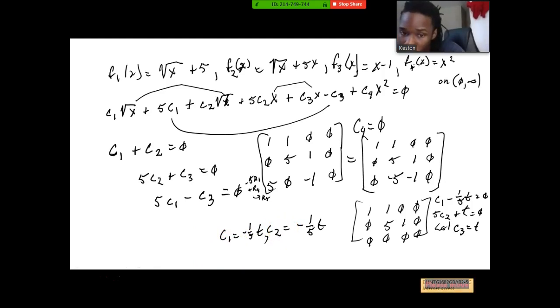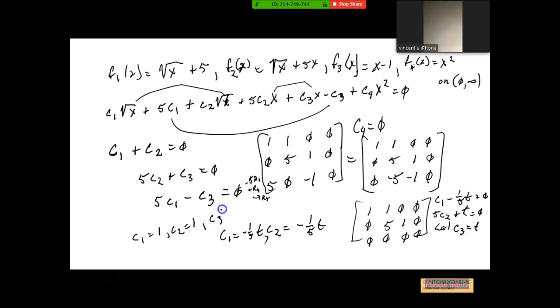Okay, because I don't like fractions that much. I mean, they're fine, but, you know, they're not my favorite. I'm going to multiply each one of those by either 5 or minus 5. So let's just make that C1 is equal to 1, C2 is equal to 1, and C3 is equal to minus 5.